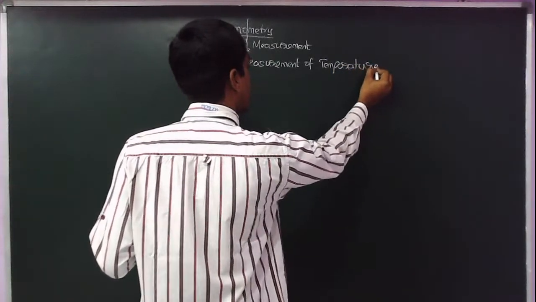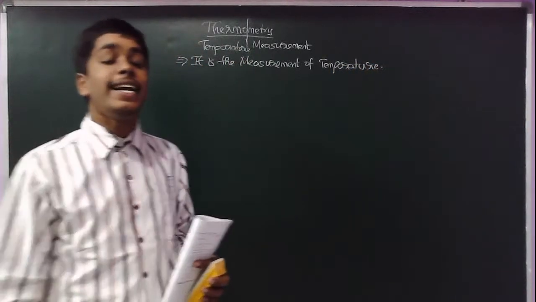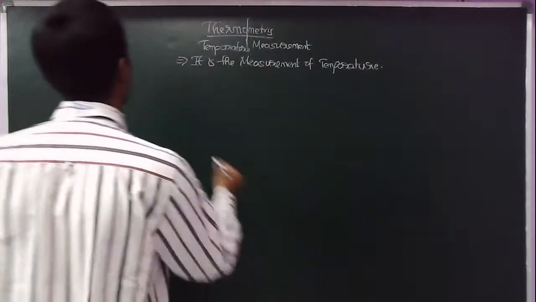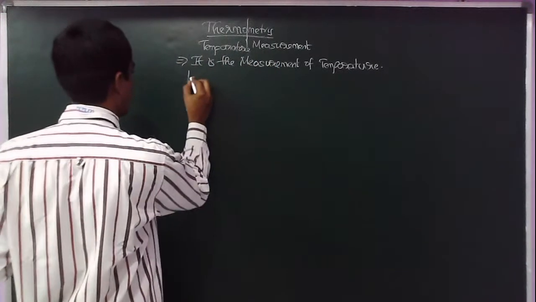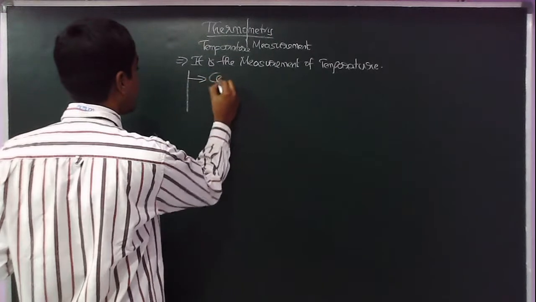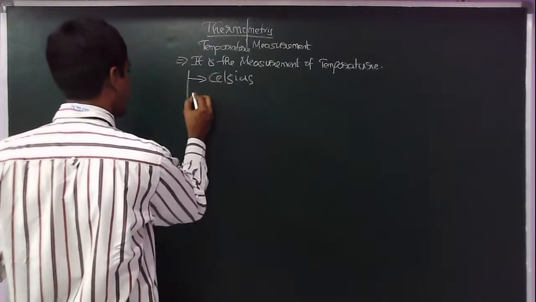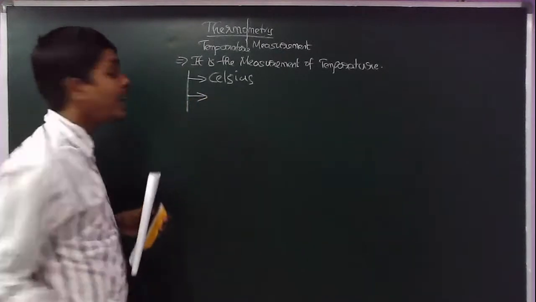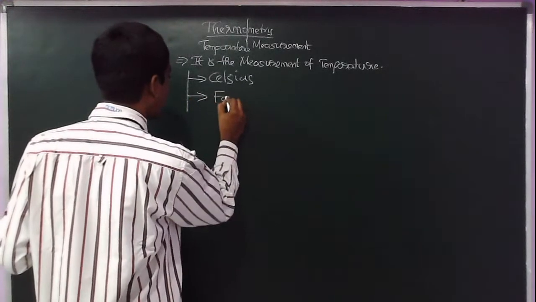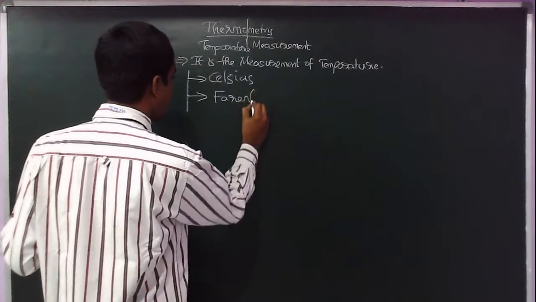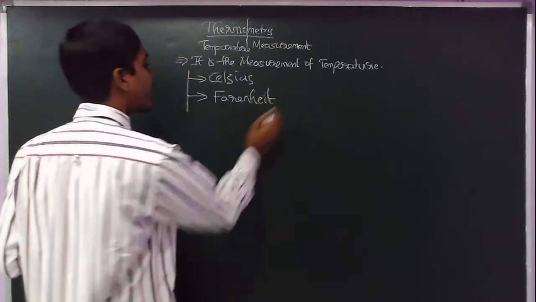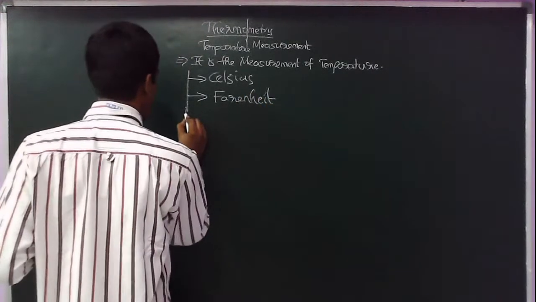Okay. Now we have three types of scales, that is Celsius, Fahrenheit, and the third one is Kelvin.